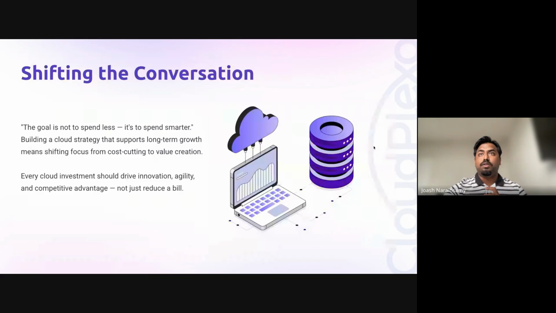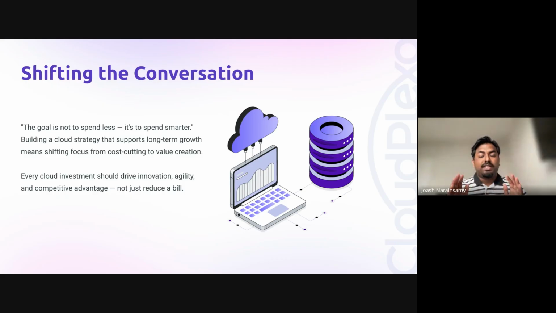So I'm going to go to the next slide, which is called Shifting the Conversation. Cloud optimization isn't a one-time cost-cutting exercise. It's a culture of continuous improvement.